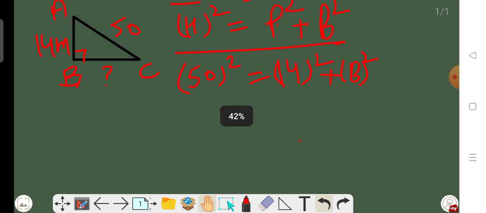Now find their squares. So 50 square is 2500 is equal to 196 plus b square. Okay, from here we can write base square is equal to 2500 minus 196.